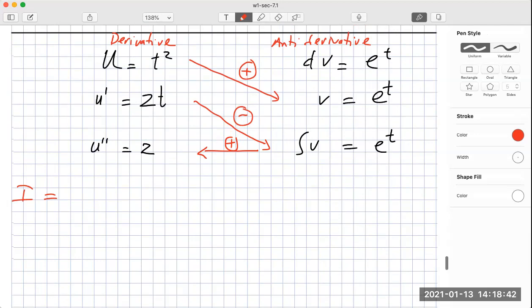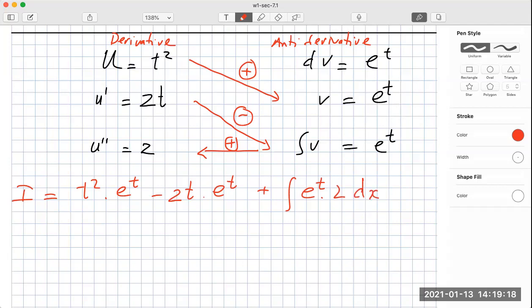This multiplied by this will be t squared times e to the t, right? The second one will be this guy multiplied with this guy, which will be 2t e to the t. The last one, we take the integral, okay? In front of that is a positive sign. So we take the integral of e to the t here and multiply with 2.